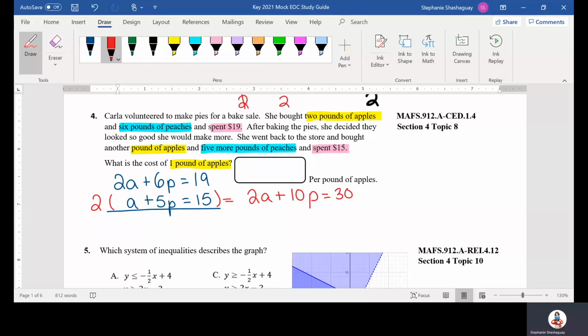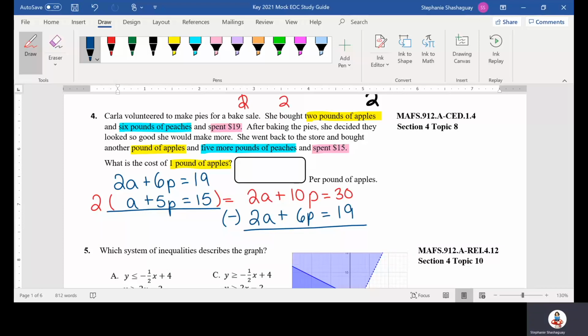Now that I've multiplied that second equation by 2, I can subtract this first equation, which was 2a plus 6p equals 19. If I subtract that equation from the other equation, then I will eliminate one of the variables.